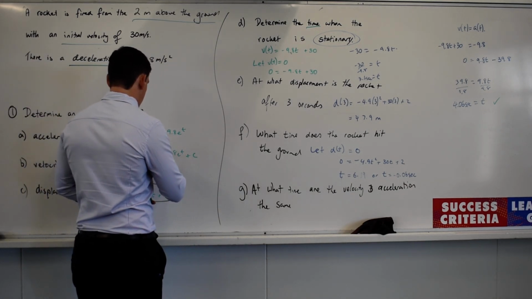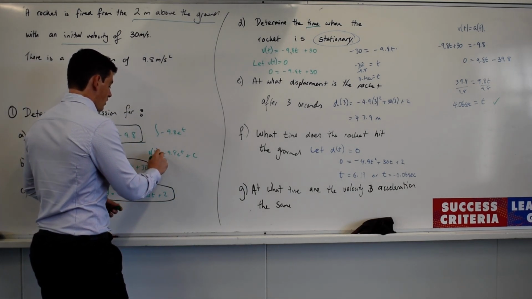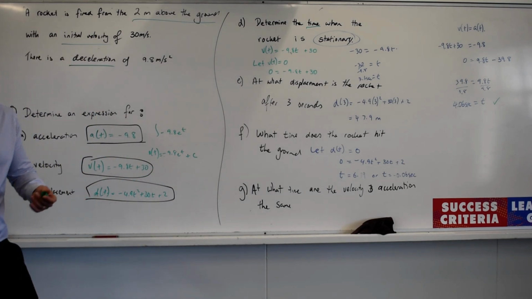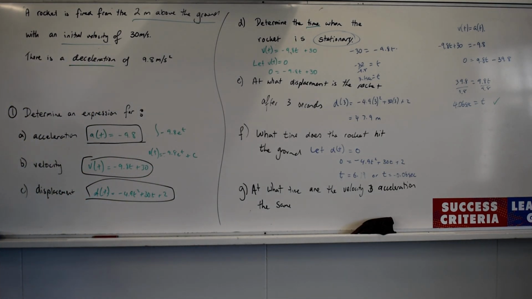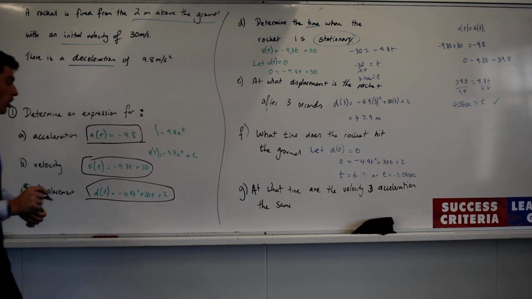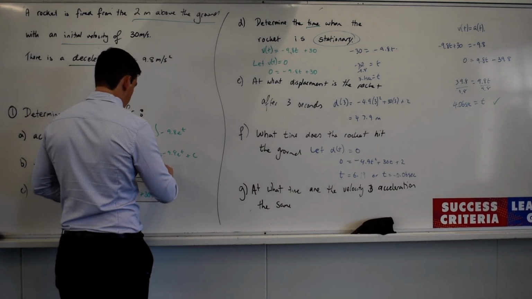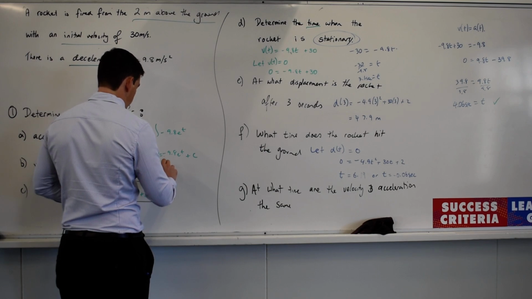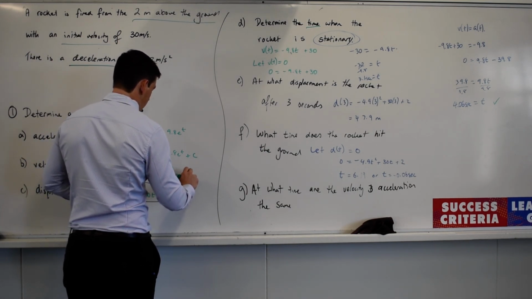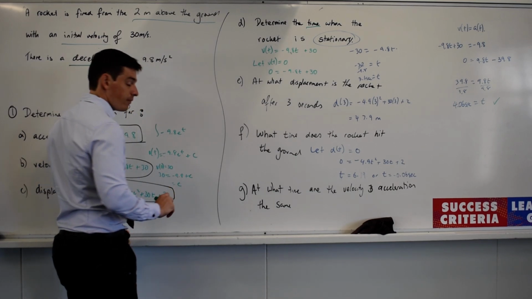That's my velocity equation. What happens when t equals 0? It becomes 1. So v of 0 equals 30, so 30 equals negative 9.8 plus c. What's my c value?